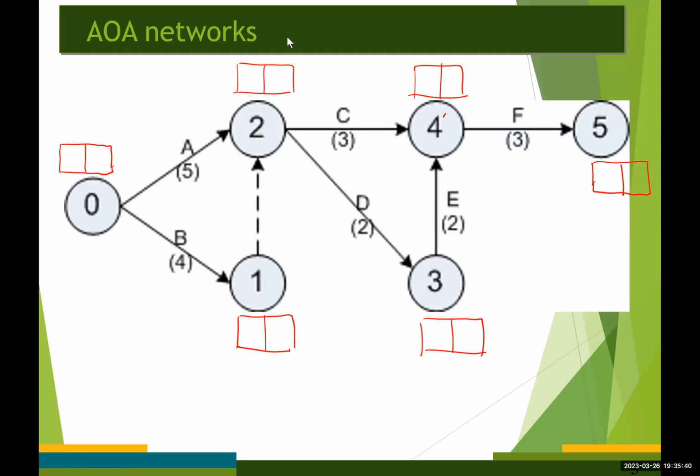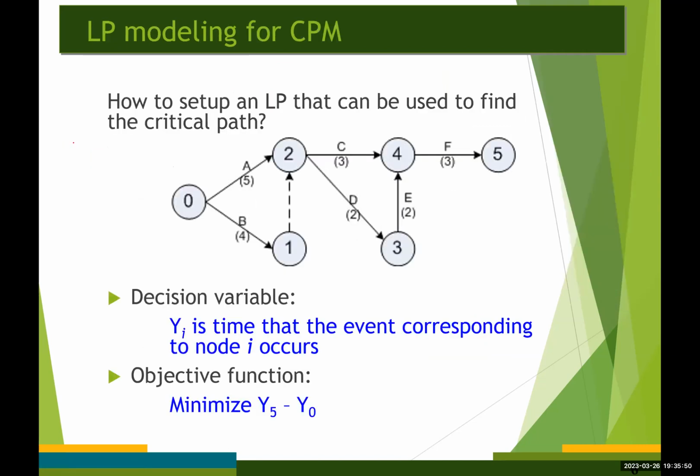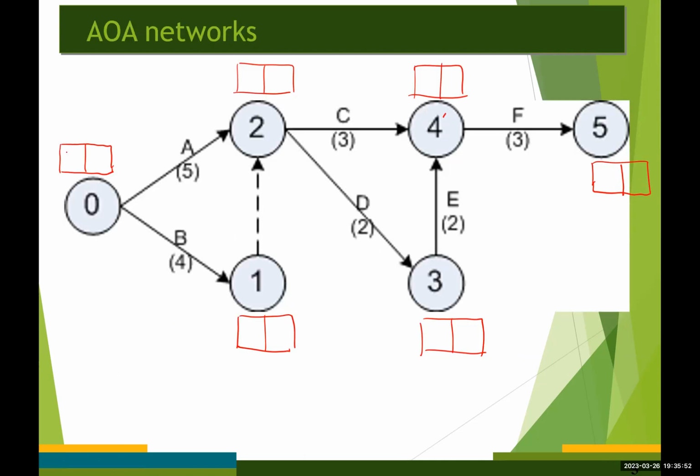Okay. So starting at time t equals 0, the earliest time for the start node becomes 0. So we have 0 right there, 0 here.